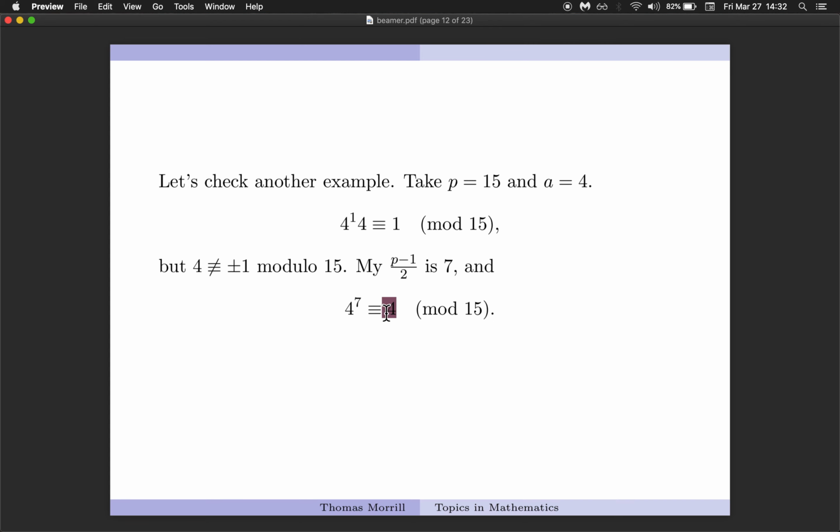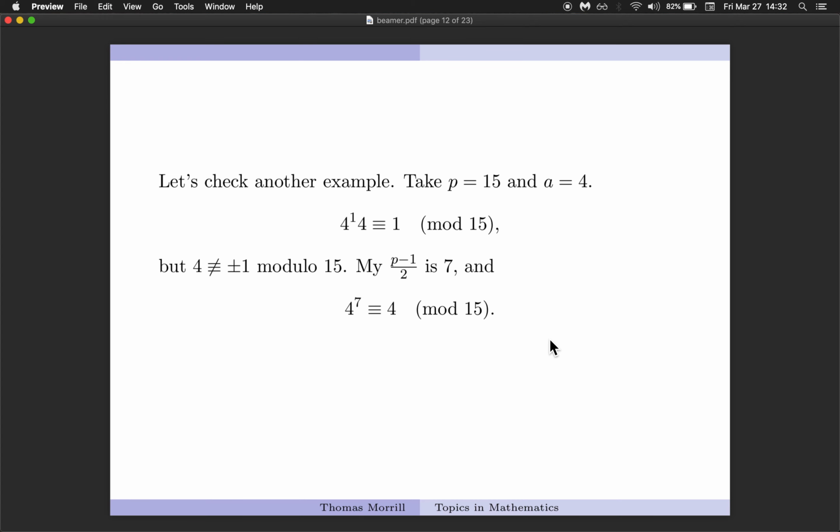So 4 squared is 16. I'll get 1. Yeah, that means that 4 is a square root of 1. But the only numbers I'm supposed to be having as the square root of 1 are 1 itself and 14, right? 15 minus 1.